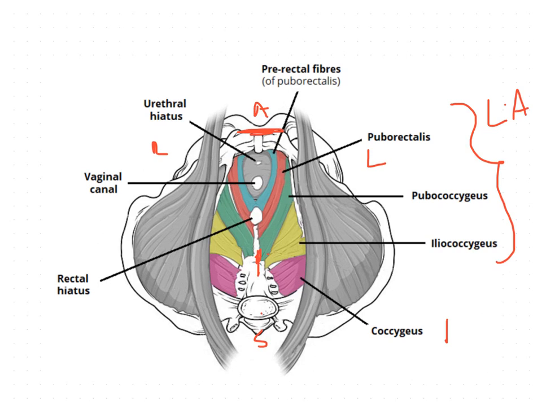The levator ani consists of a group of muscles called the puborectalis, pubococcygeus and iliococcygeus, all together called the levator ani muscles.